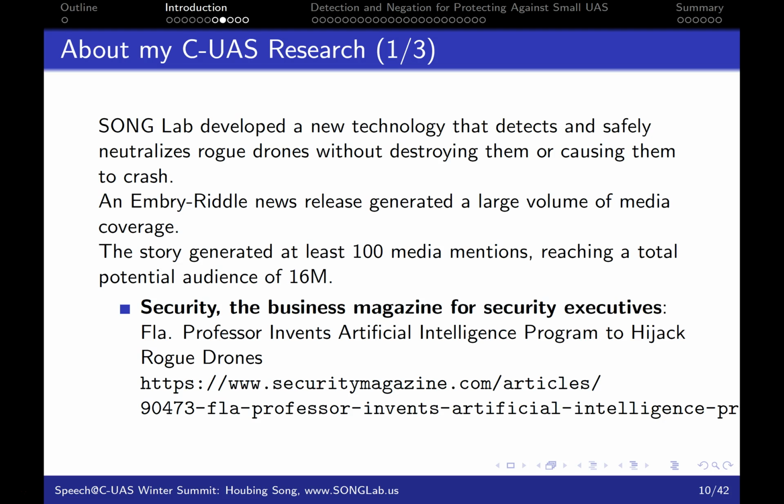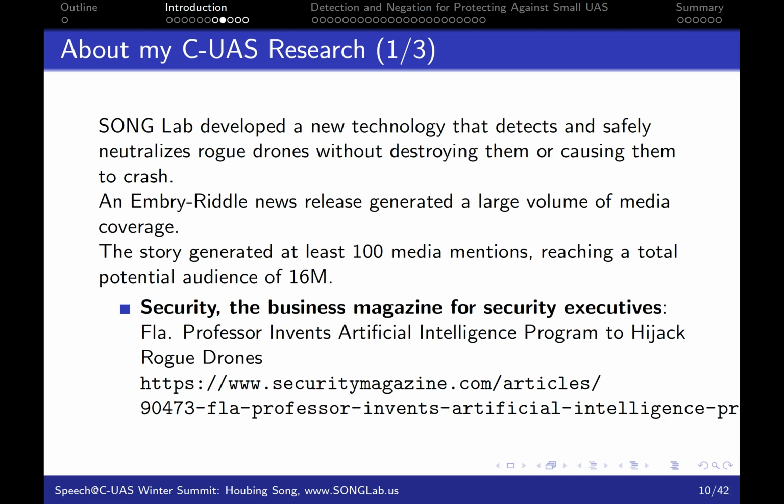So we developed this technology last year in 2019. An Amarillo news release generated a large volume of media coverage about our new, unique technology.